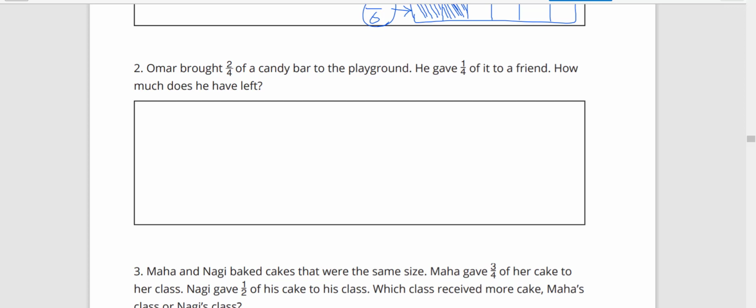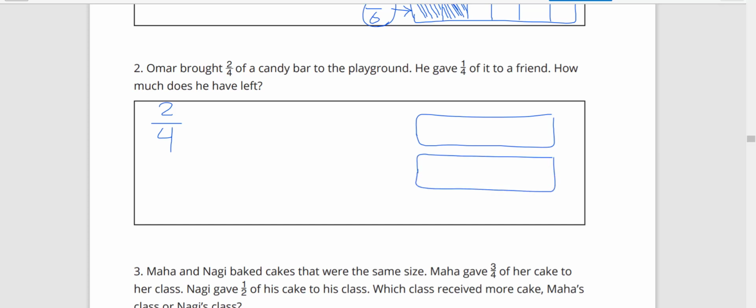Number two, Omar brought two-fourths of a candy bar to the playground. He gave one fourth of it to a friend. How much does he have left? First, write the first fraction and draw two bars of candy and divide each into four equal parts.